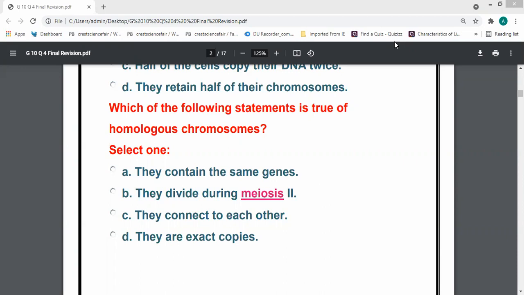So the first and the last one, which one of them is most true about the homologous chromosome? Malak. Homologous chromosomes just have the same genes? Malak?